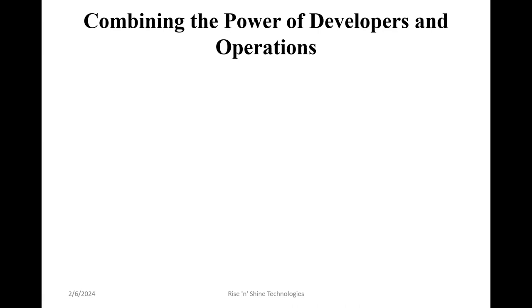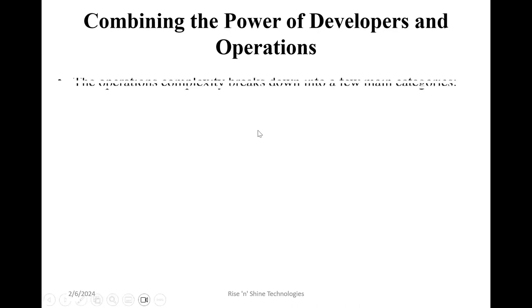Okay, so now if you combine that, the power of, as we are talking about a DevOps engineer, developer and operations. Are we going to say the DevOps engineer is the developer? Can we confirm it? DevOps engineer, is he a developer?